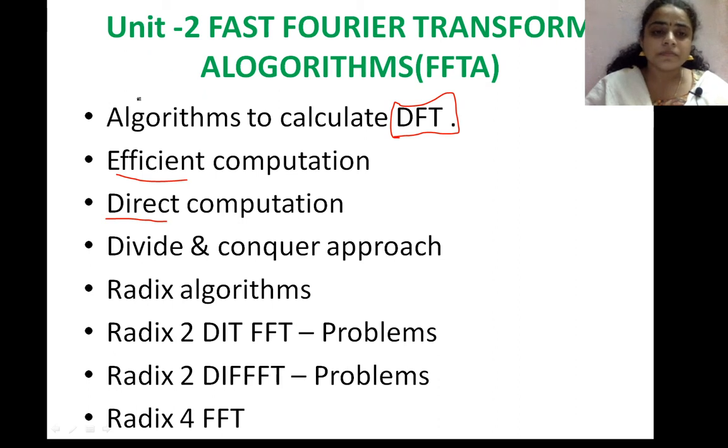That's what we are going to see in our second unit. We'll see all the algorithms step by step, finally find the computational complexity of each algorithm, and choose the best method to compute DFT depending upon those computations.